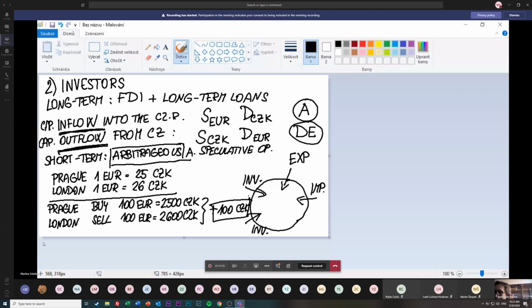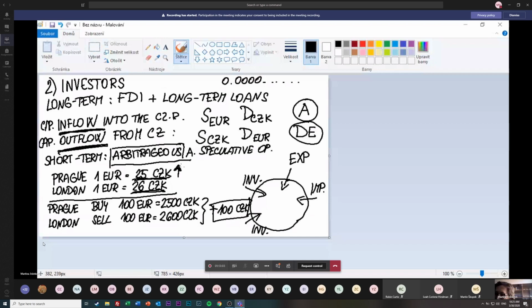So that means that the exchange rate in Prague will not stay 25. It will be more than 25 for 1 euro. So the Czech crown in Prague will depreciate. In London, all investors would like to do the same thing.